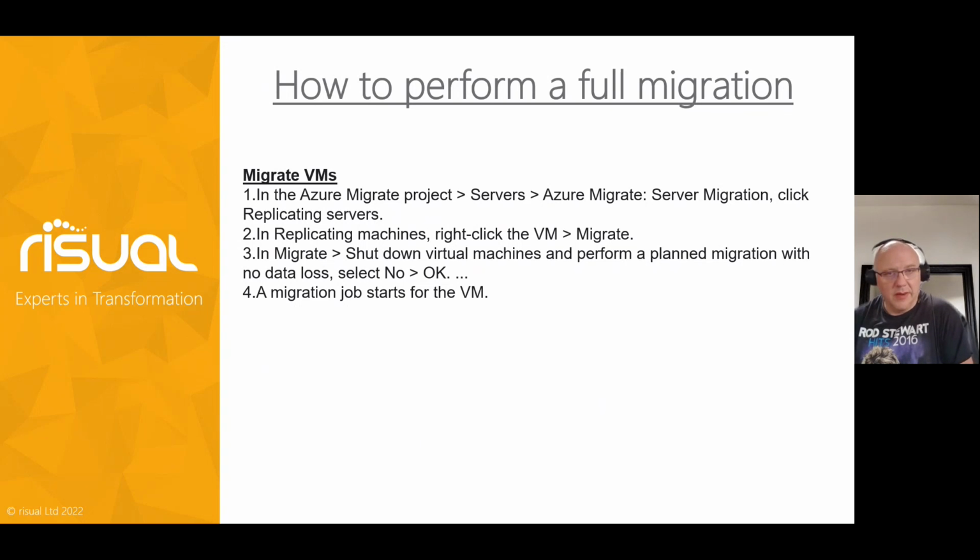Okay, so the migration job starts, and the process can take anything from 15-20 minutes up to an hour, 2 hours sometimes, depending on the size of the machine that you're moving and maybe if it's got a SQL database, etc. But it's all dependent on the size of it.